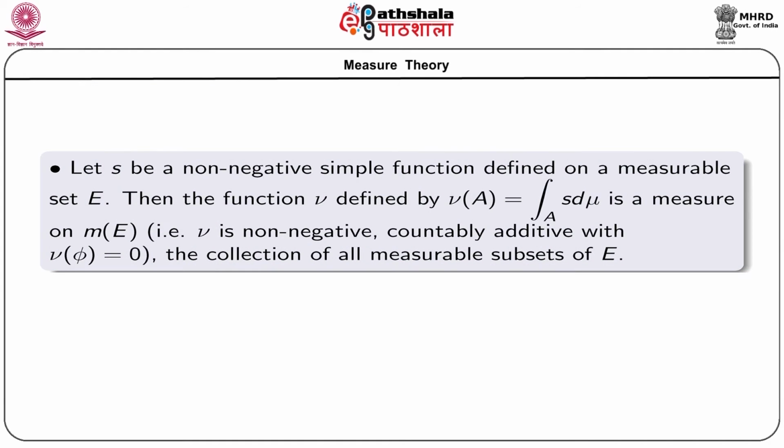We have a very useful observation now, that if S is a non-negative simple function defined on a measurable set E, then the set function nu defined in this way, that if we define nu of A as integral of S over the set A, this set function becomes again a measure on M E, which is the collection of all measurable subsets of E. That is, nu is non-negative, countably additive, and nu of phi is equal to 0.